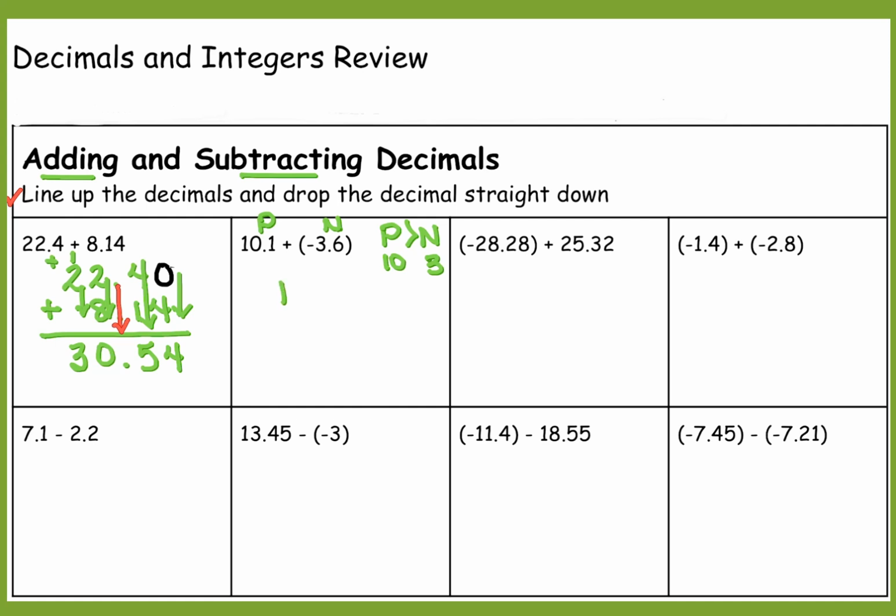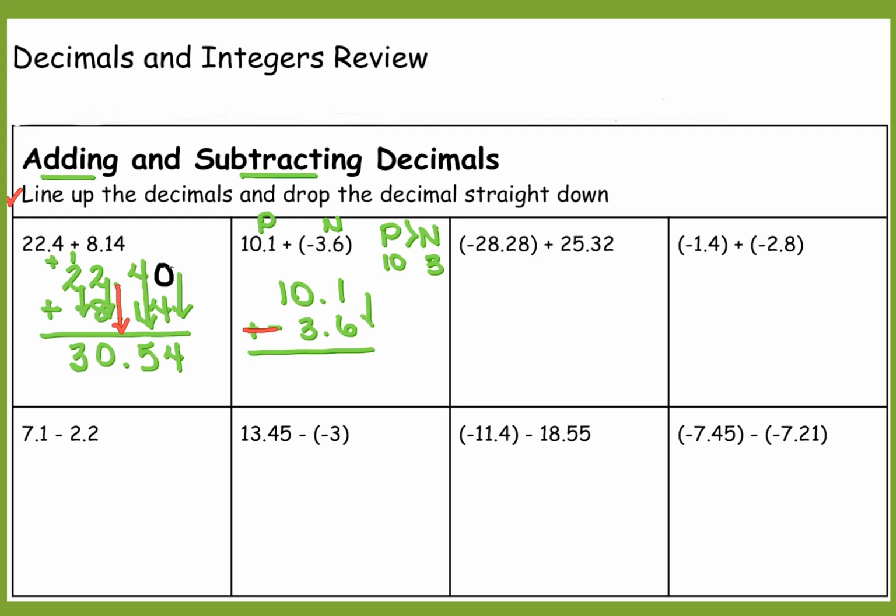Now we're going to write 10 and 1/10 plus a negative 3 6/10. So because we have more positives than we have negatives, we are going to turn this into a subtraction, and remember that our answer is going to be positive.